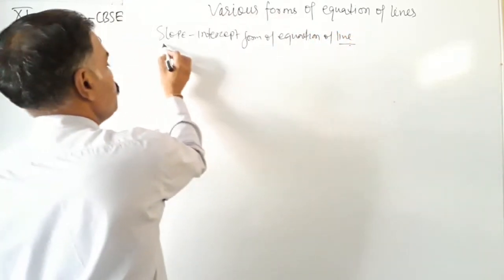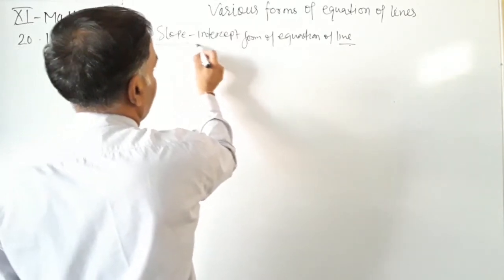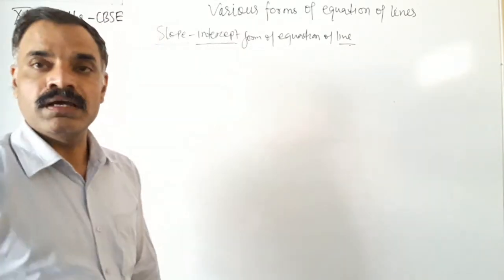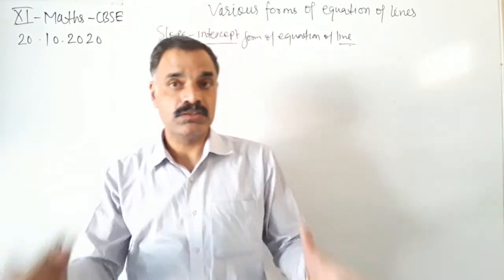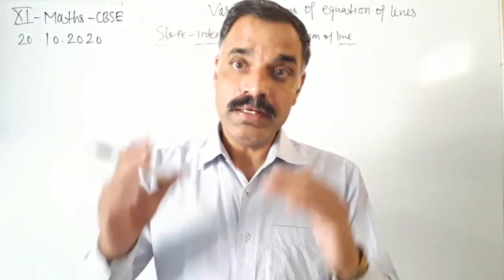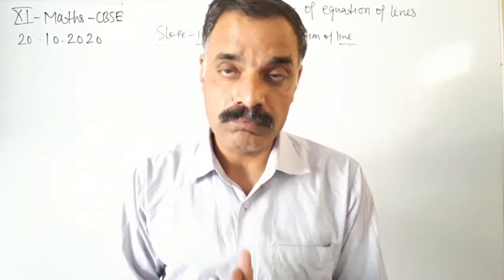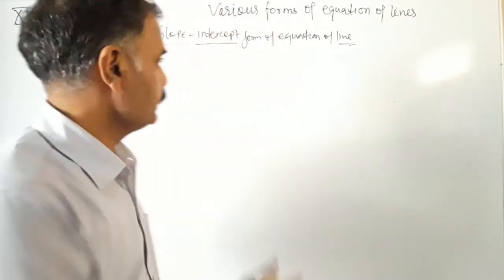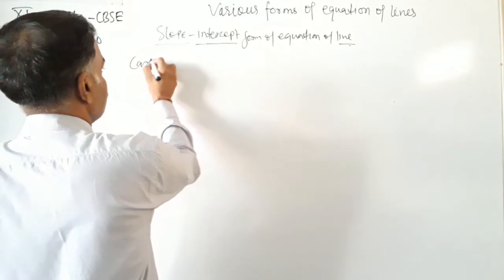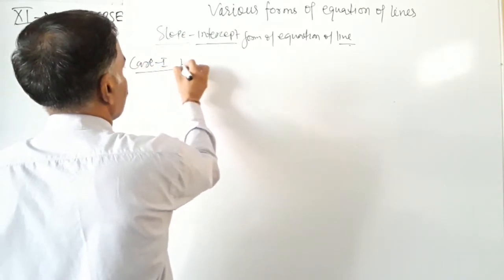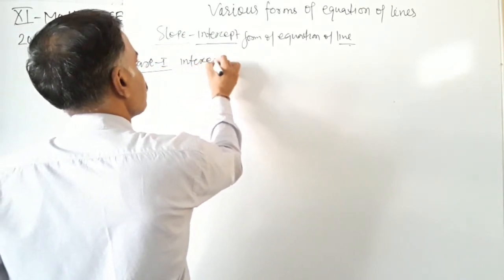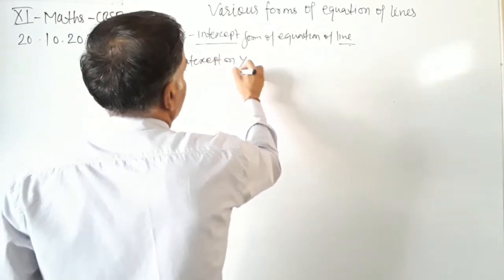Okay, so we have been given two things, that is slope and the intercept. Intercept may be either on x-axis or on y-axis. Okay, so taking first case, intercept on y-axis.